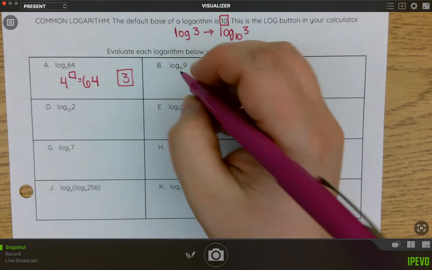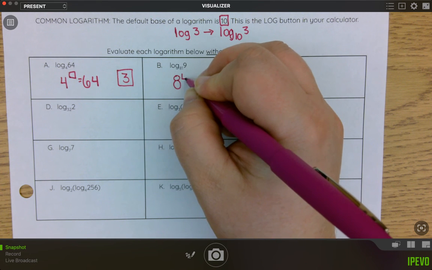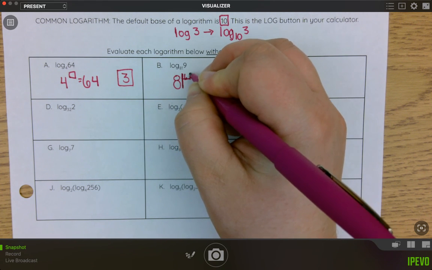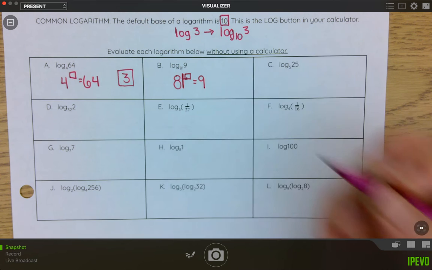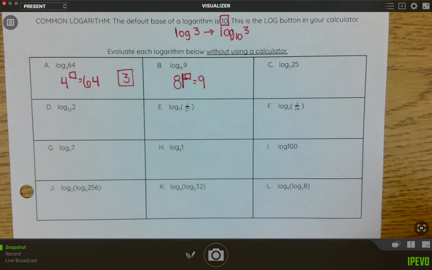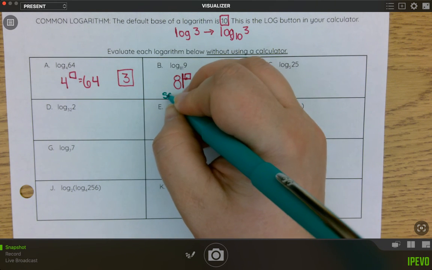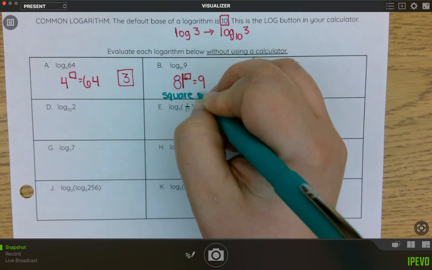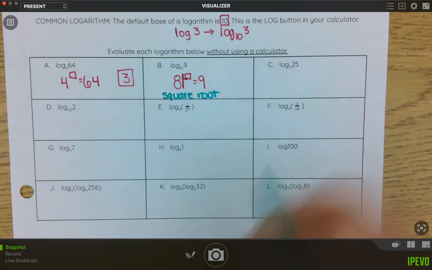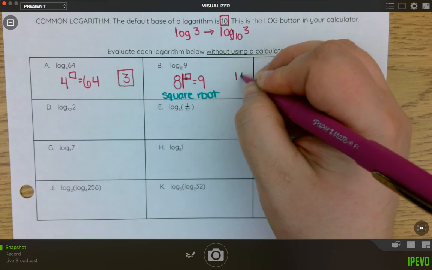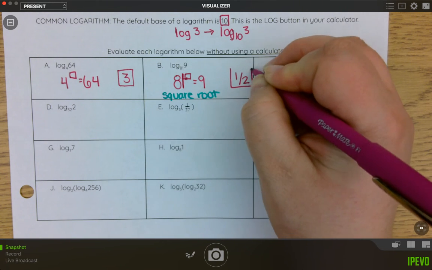The next one would be what power of 81 would give you 9. This one's a little trickier because in order to get between 81 and 9 using a power, not by multiplying or dividing, you would need to do the square root. And what power is the square root, guys? 1/2.